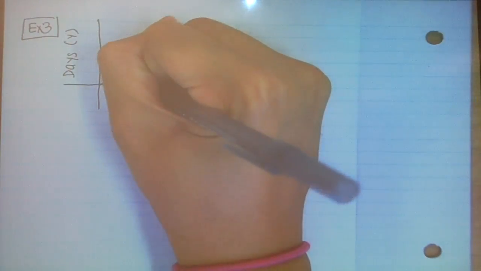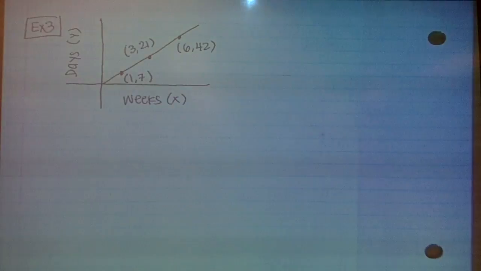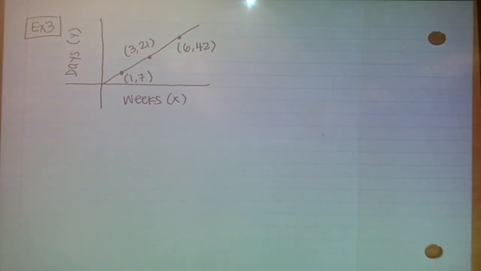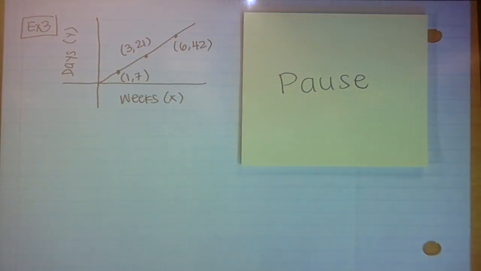So this is 1, 7. 3, 21. And 6, 42. Go ahead and write an equation for this graph. Pause so students can try it.